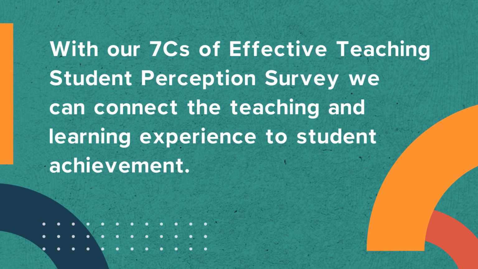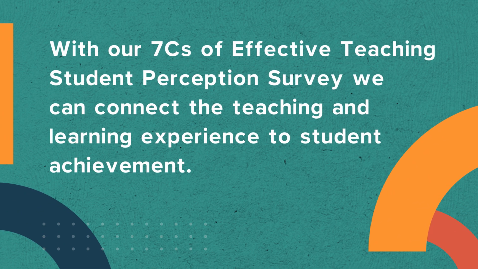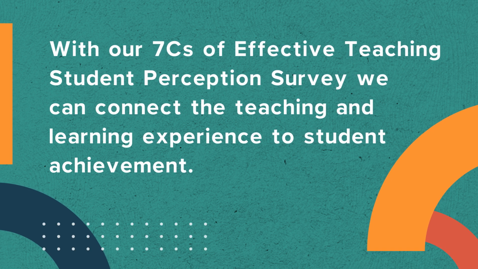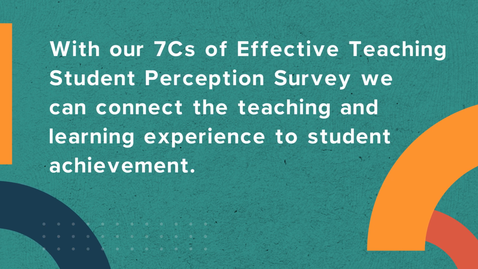What kind of questions should we also ask to ensure that once we have the results, we can actually act on them? For example, with our 7 C's of Effective Teaching Student Perception Survey, we can connect the teaching and learning experience to student achievement, making our survey results an accurate predictor of good teaching and learning. By providing individual teachers with actionable and meaningful data, we can ensure students achieve the excellence we all know that they are capable of.